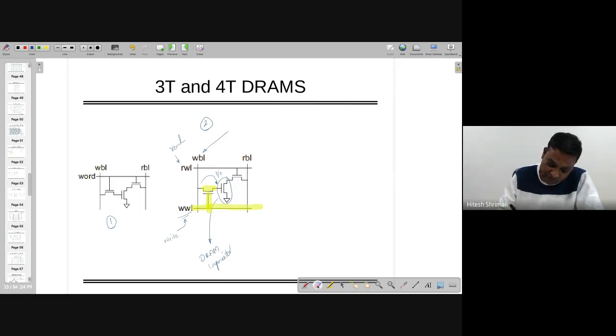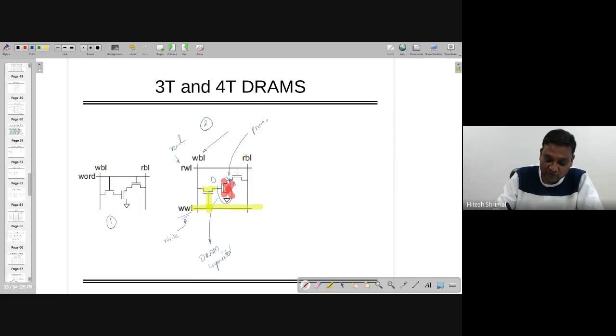If the value is 1, the output is 0 and you can write logic 0 here without having much difficulty, right? As you know which transistor has to be stronger, right? And if the value is not 1, but if it is 0, this particular transistor is going to be off and this particular node stays at the value where it was.